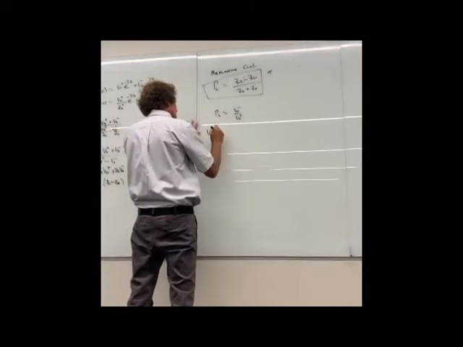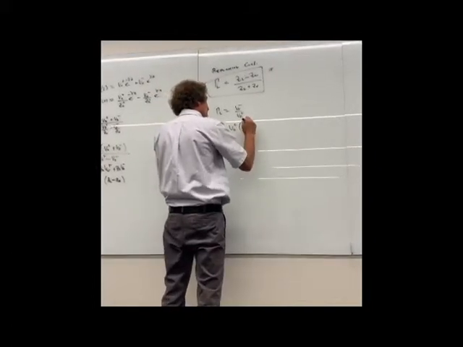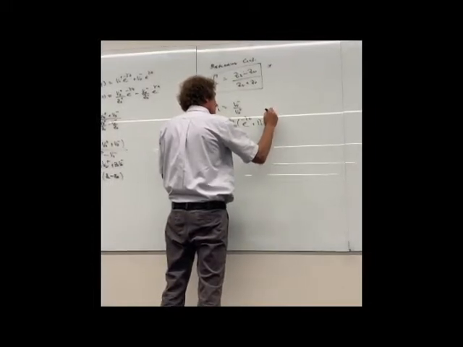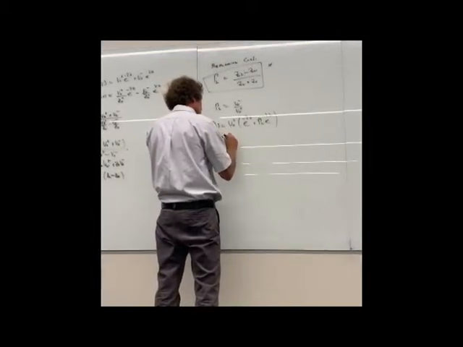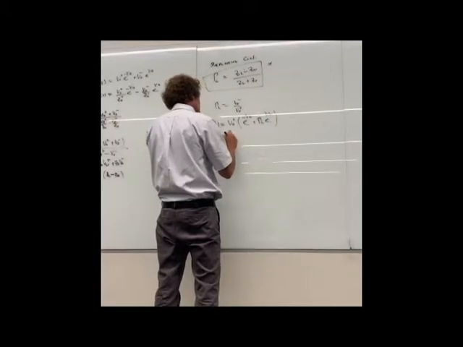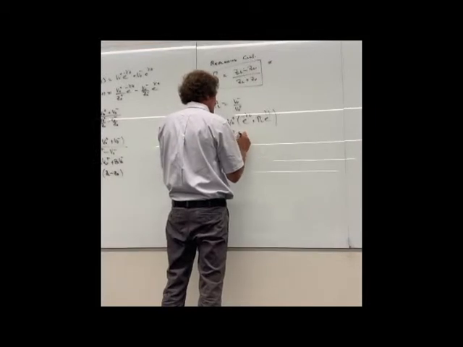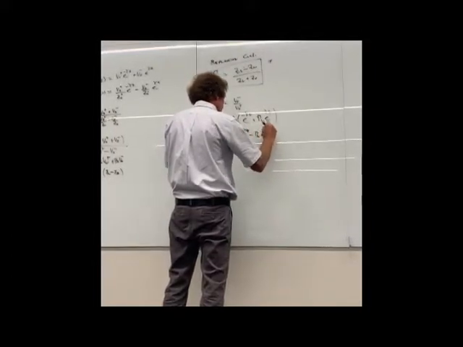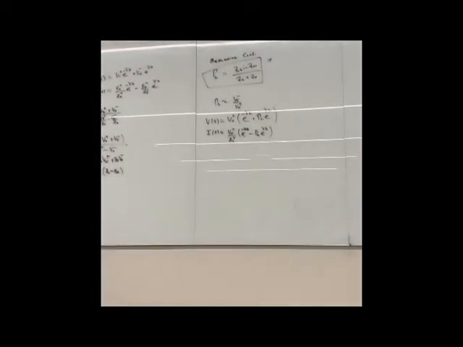And now I get V of Z, make sure you write this one down, is equal to V0 plus times e to the minus gamma Z plus the reflection coefficient times e to the plus gamma Z. And I of Z is equal to V0 plus over Z0, times e to the minus gamma Z minus the reflection coefficient times e to the plus gamma Z. So now I have voltage and current anywhere on the line, but I wrote them in terms of the reflection coefficient.